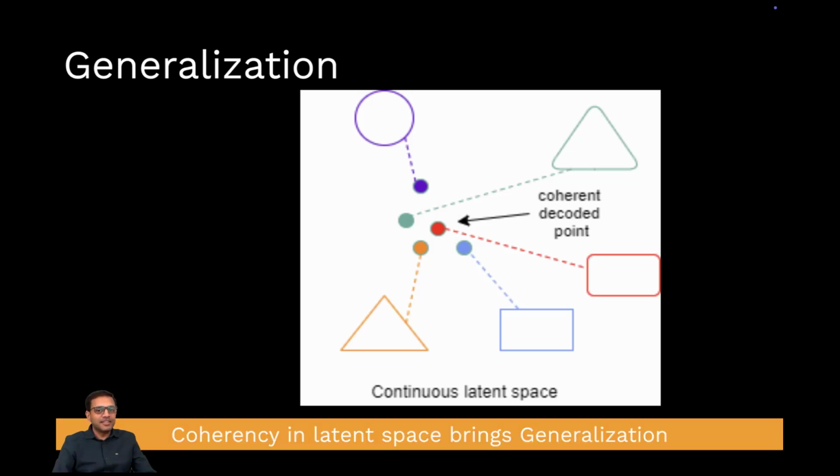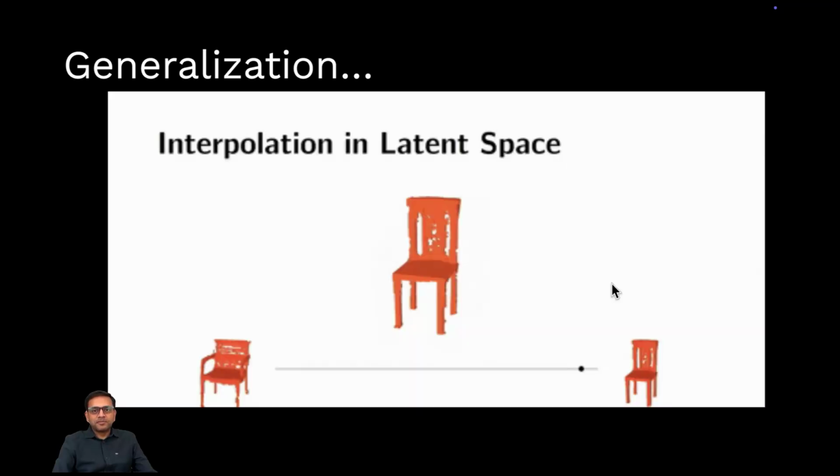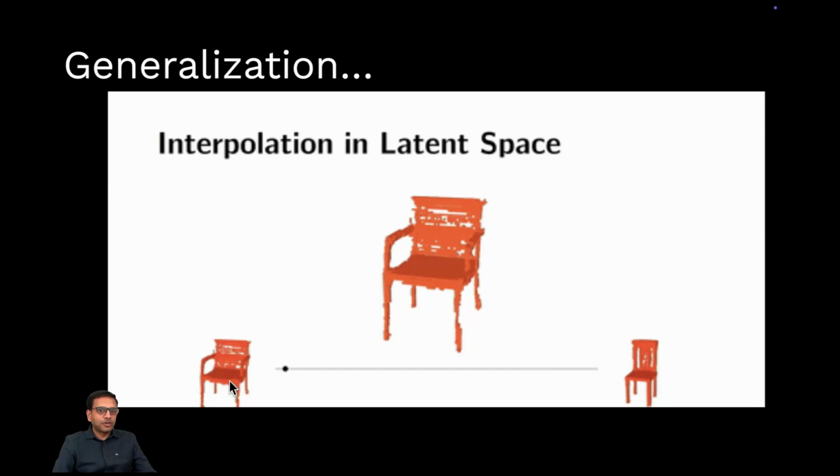So coherency in the latent space is what brings the generalization capability. And the ability to traverse the latent space in a controlled way is the key to any successful text to image generation. Let's see one more example. Let's say this point in the latent space corresponds to this chair, and this point corresponds to this chair.